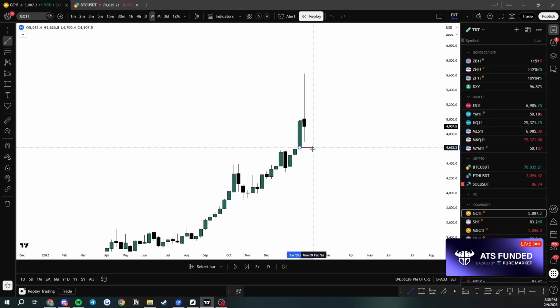Because the first target is usually going to be candle one's low. And we can see that we have a fair value gap in here. We have an order block here.